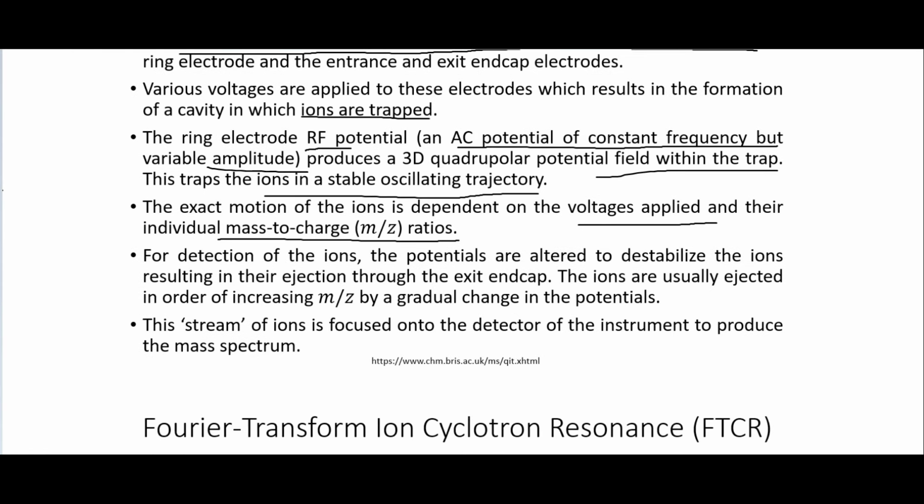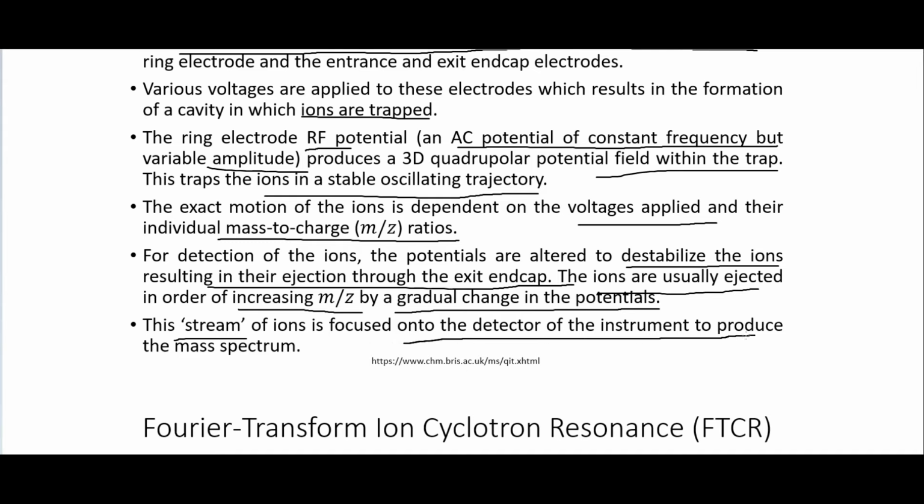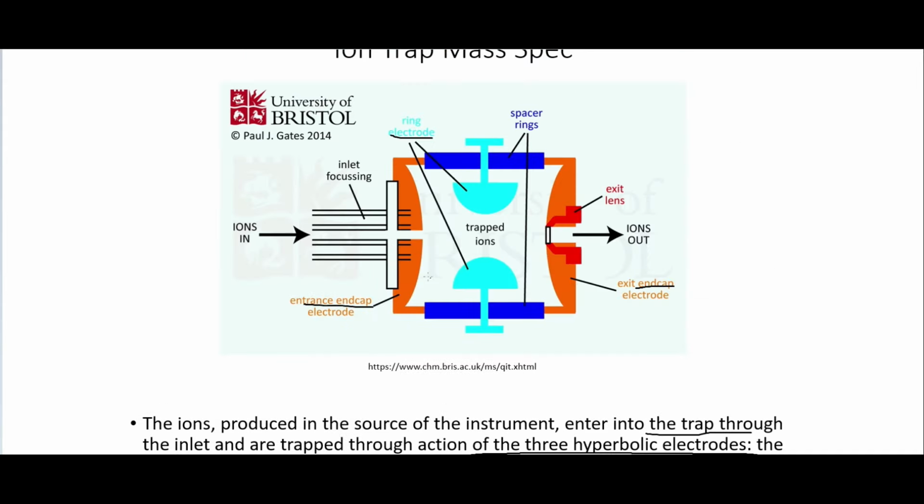For detection of the ions, the potentials are altered to destabilize the ions, resulting in their ejection through the exit end cap. The ions are usually ejected in order of increasing mass by a gradual change in the potentials. The stream of ions is focused onto the detector of the instrument to produce the mass spectrum.